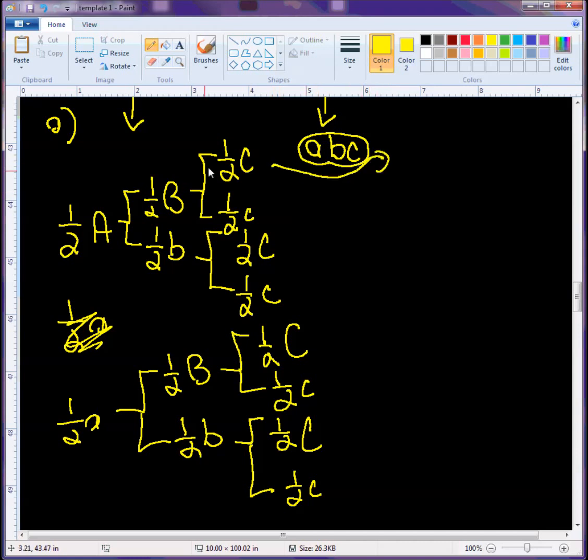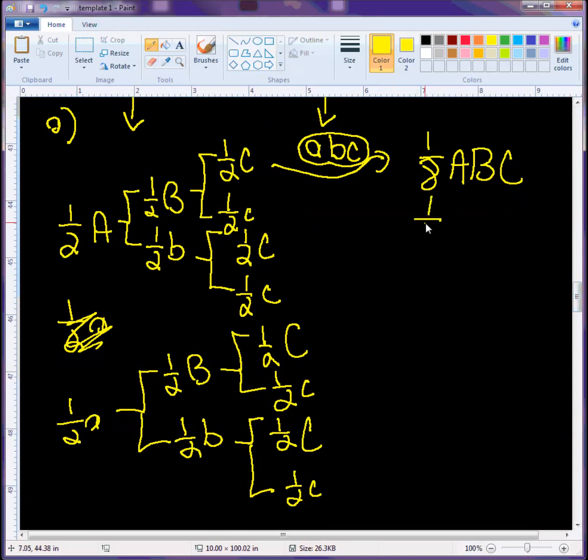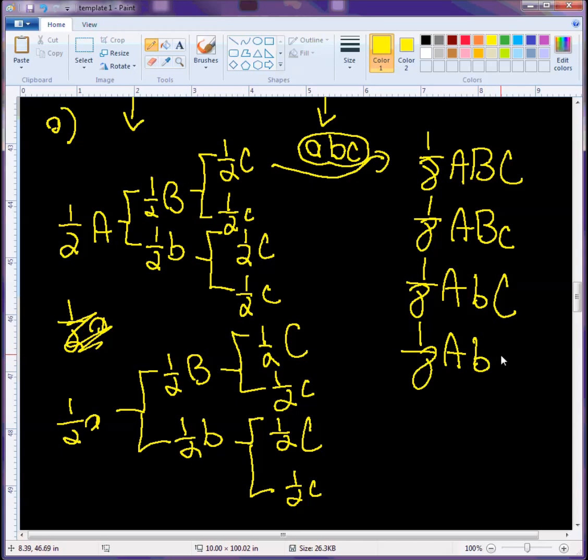Okay, we can multiply across, and what we're going to see is that 1/8 of the gametes from the heterozygous individual are going to be big A, big B, big C. 1/8 A, big B, little c. 1/8 big A, little b, big C. 1/8 big A, little b, little c.